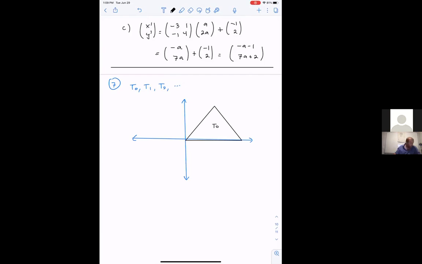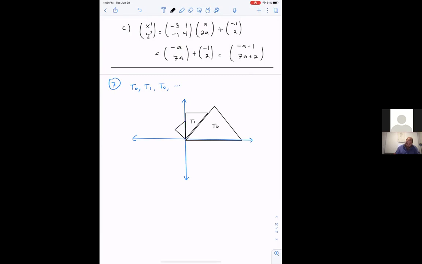The next one looks something like this. Oh, that's not at all what it looks like. It looks something like, I think that's too much. Oh, maybe not. Okay, so it looks something like this. They call that T1. The next one, something like this.